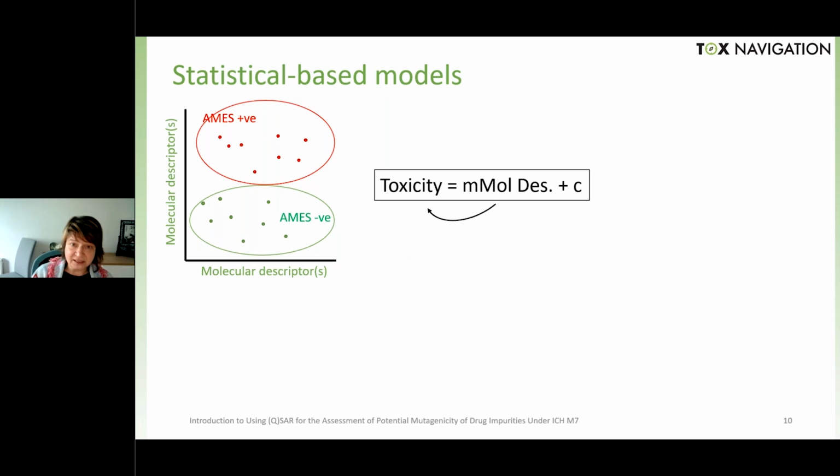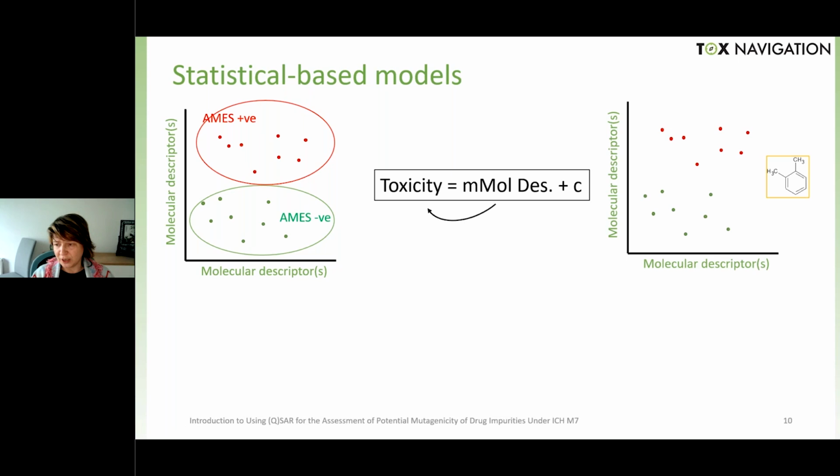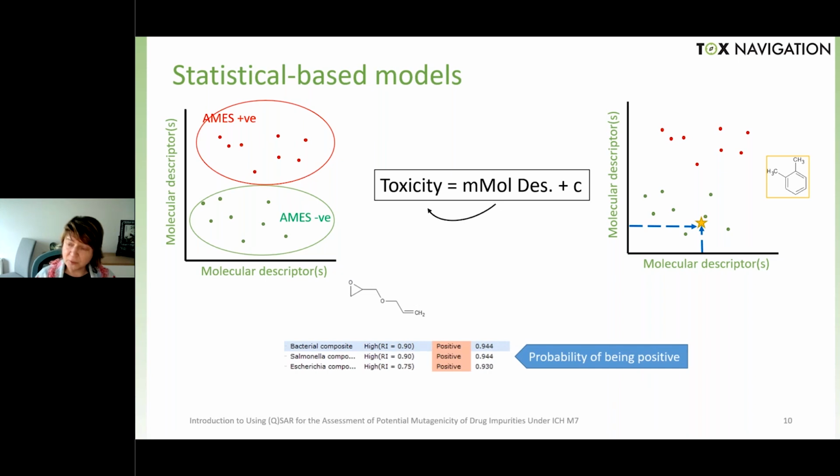So in the case of statistical-based models, if you have your query compound, you calculate your molecular descriptors. Your query compound will be projected into this chemical space, and according to the surrounding molecules and their activity, it will be predicted as positive or negative.